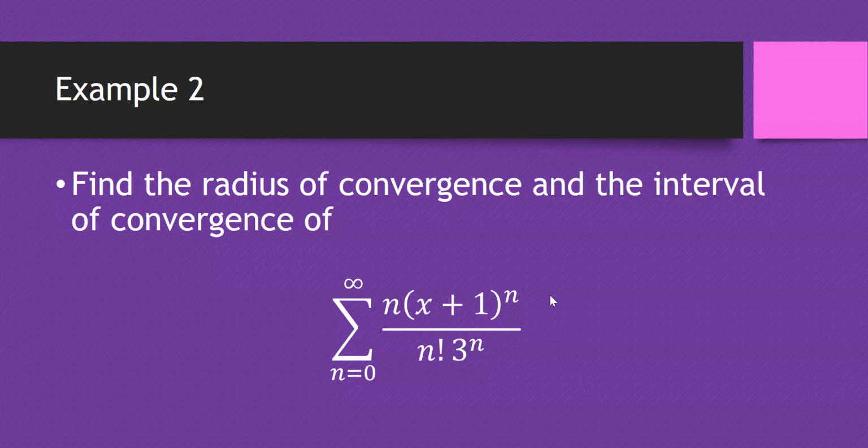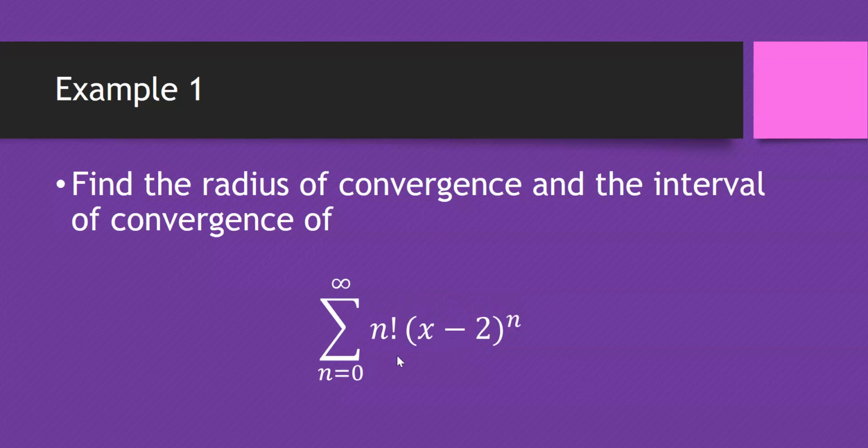This one is still going to converge everywhere. Multiplying by n, again, is not going to change the n factorial dominating. This one is going to converge only when you plug in the number 2. And so that is what section 9.8 is all about.